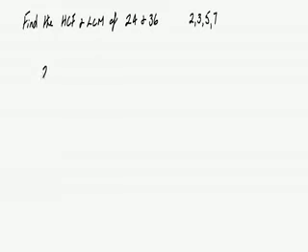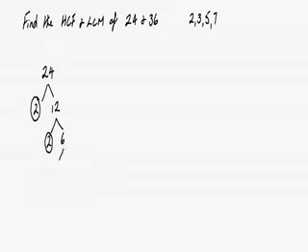So 24. I know 2 goes into 24 12 times, and 2 is prime. Now you could have easily gone 3 goes into 24 8 times. You will still get the same result. 12, well, I can see that 2 times 6 gives me 12, and 2 is prime.